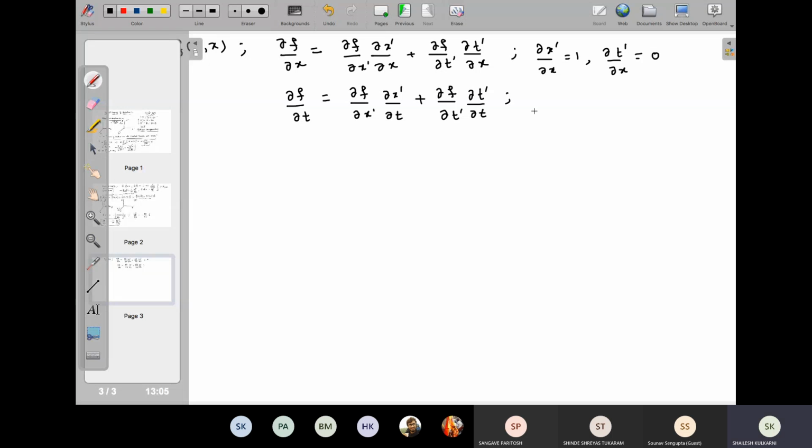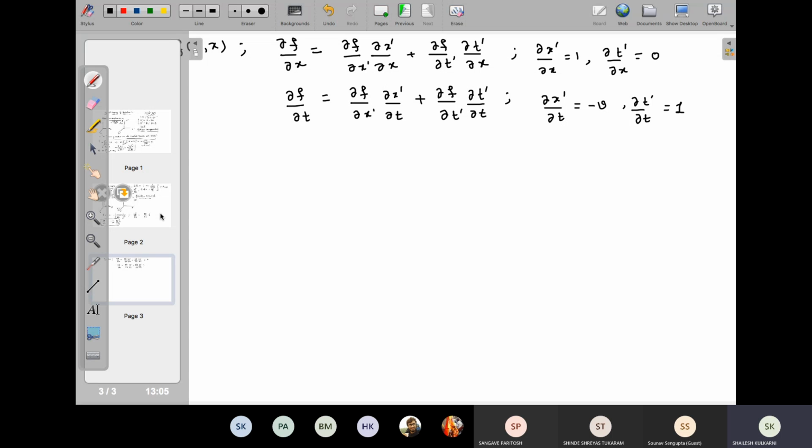Then del x prime by del t equal to minus v, and del t prime by del t equal to 1, correct. So this is how your partial derivative will transform, for any function.